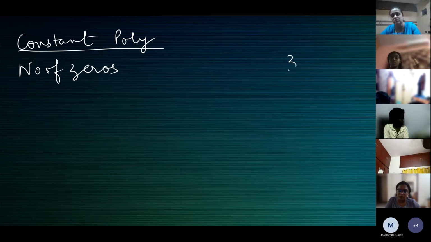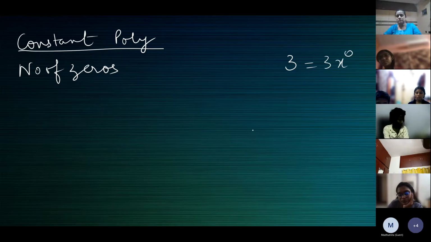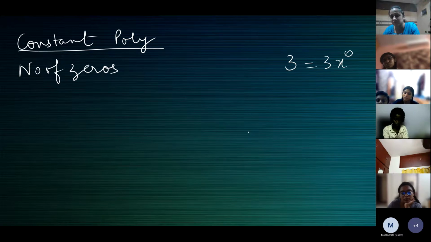Now, you know that 3 is a constant polynomial. To find the zeros, you need a variable, right? So you can write 3 as 3x to the power 0. That is why the degree of a constant polynomial is 0.